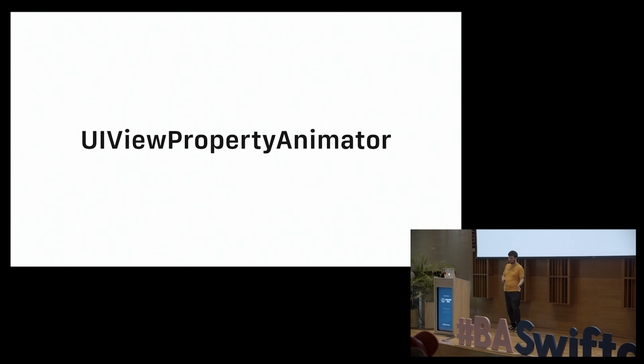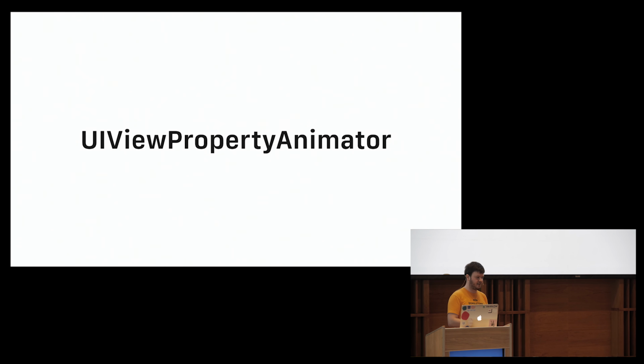But my favorite one is UIViewPropertyAnimator. And I know it can be scary. It can crash sometimes if you don't do it just right, so be careful. The best thing about it is that you can use UIViewPropertyAnimator to integrate it into UIViewController transitions.